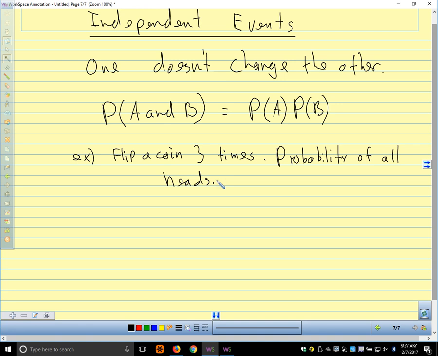So when you flip a coin, does one flip change what happens on the next one? If you flip 10 heads in a row, does that somehow make it more likely that the next one's going to be a tail? No, they're completely independent. The one doesn't change the other. So these are independent.